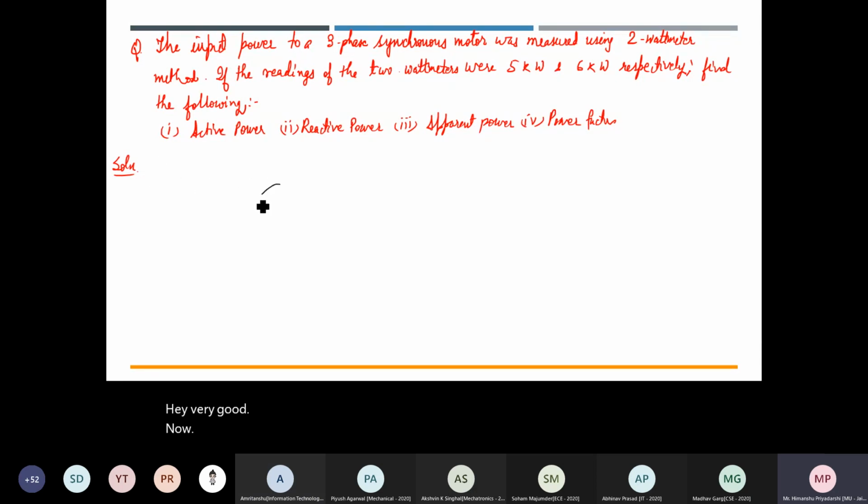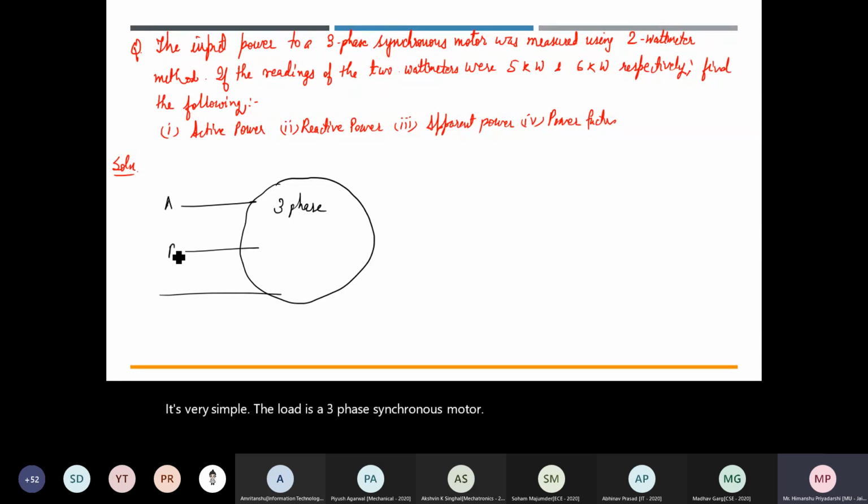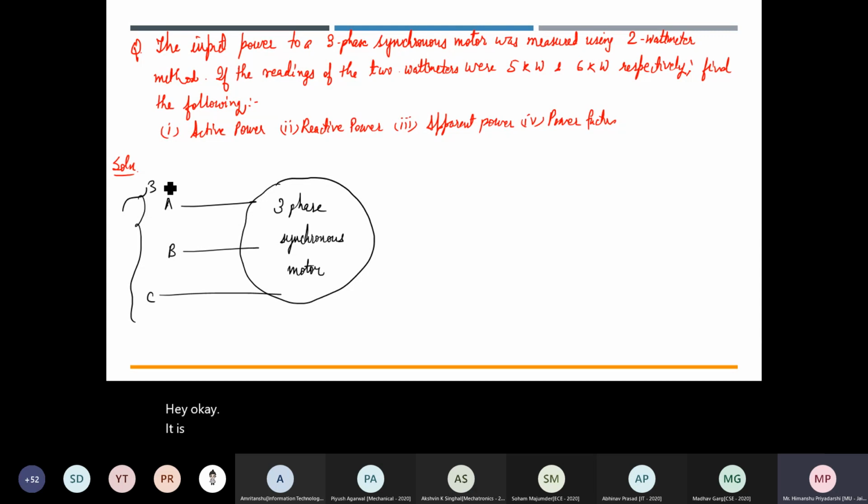Now, it's very simple. The load is a three-phase synchronous motor. Okay, and it is fetching power from a three-phase AC power supply.